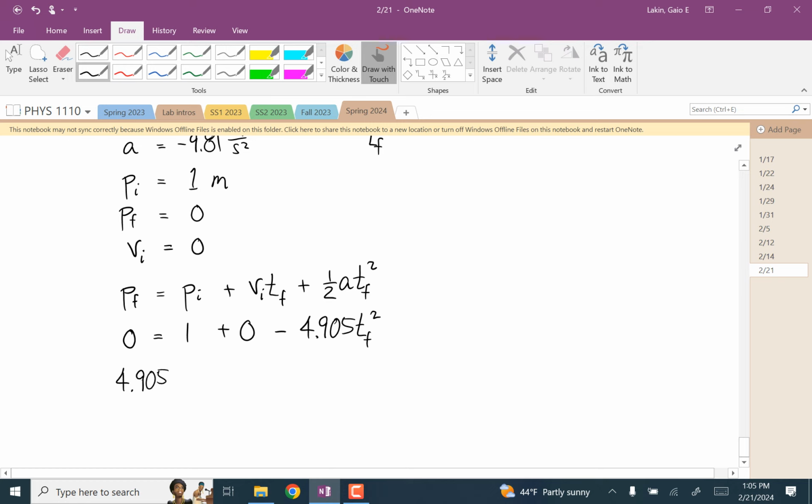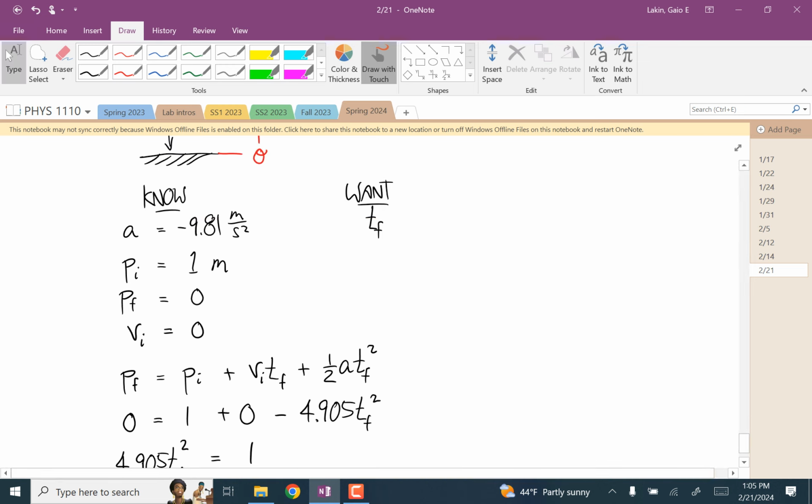So 4.905 TF squared is equal to 1. And if you solve this, you get that TF is equal to plus or minus 0.455 seconds, and it's time, so we want the positive one. Okay?